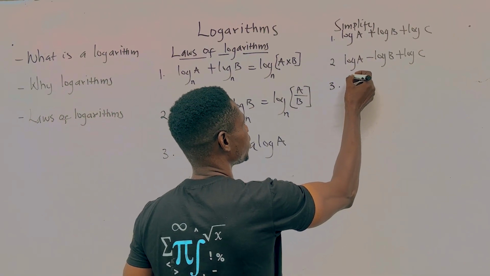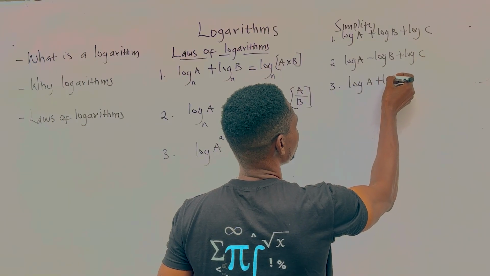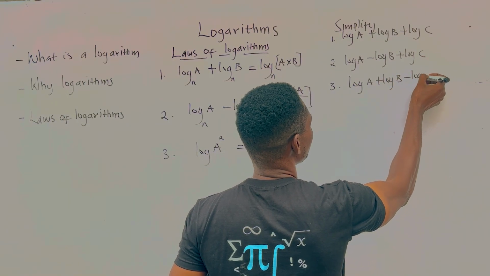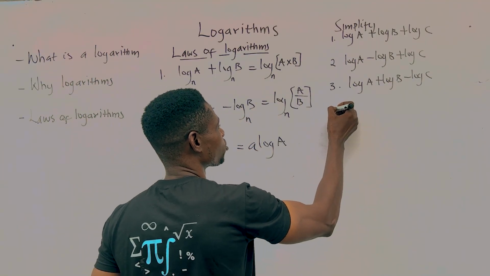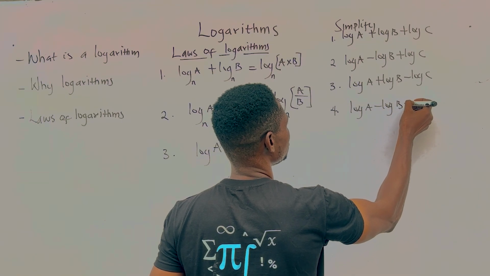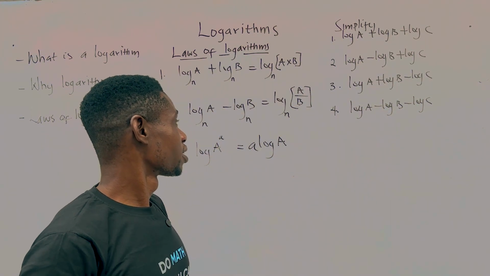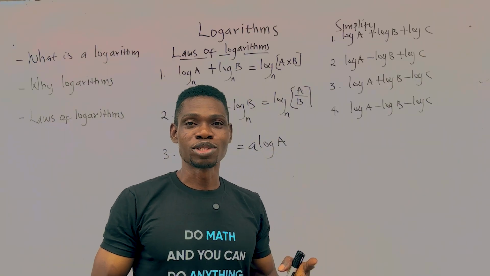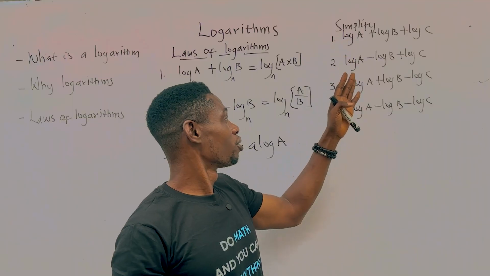A third one, log A plus log B minus log C. And the fourth one, log A minus log B minus log C. What will be the answers in terms of A, B, C and logarithm?